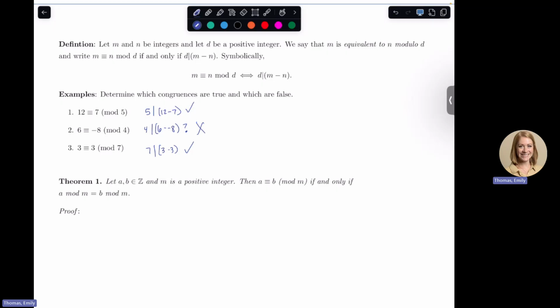I'm going to do these as a series of if and only if statements because the proofs are too similar to write down twice. It's just the same steps backwards, and it's all definitions, so we're just going to go for it. You good? And if you want to see it broken up, I can. So we are going to let A and B be in Z, and m in Z plus.